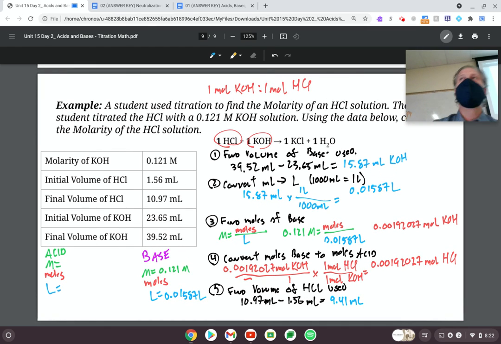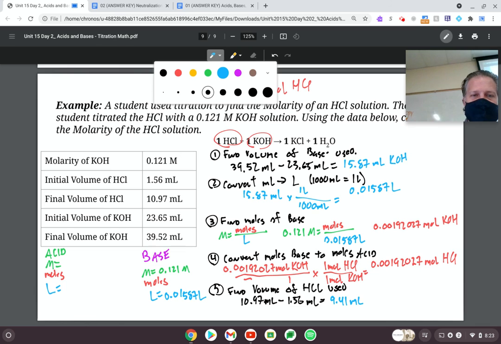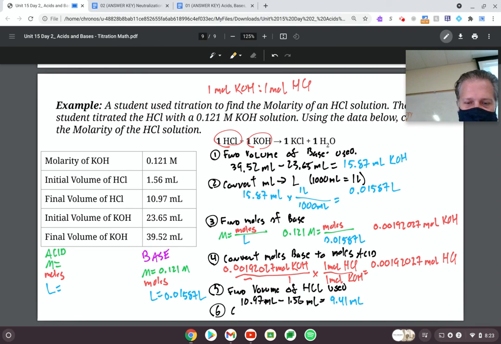I am running out of room, but I feel like you have more. So what I'm going to do next is just do some of this stuff off to the side. So step 6 is convert milliliters to liters, when 1,000 milliliters equals 1 liter, right?